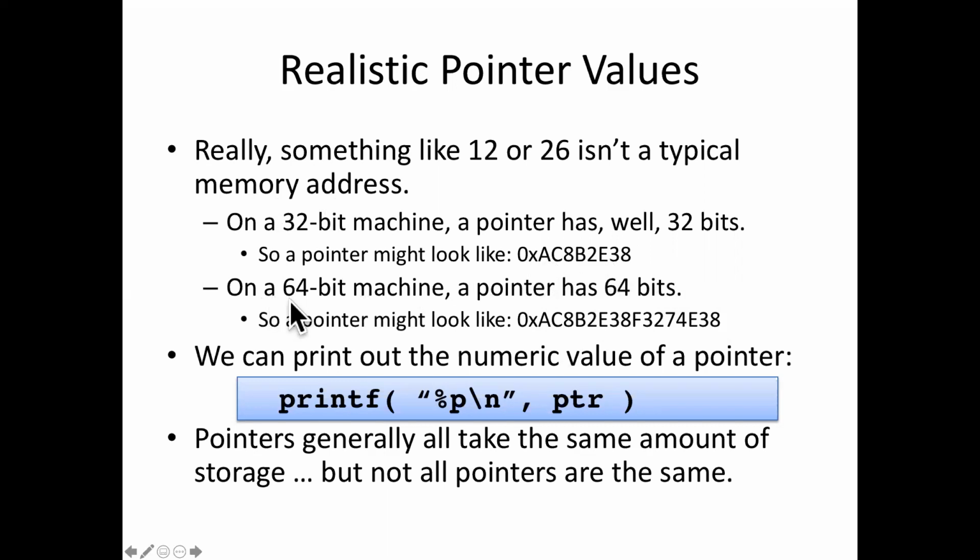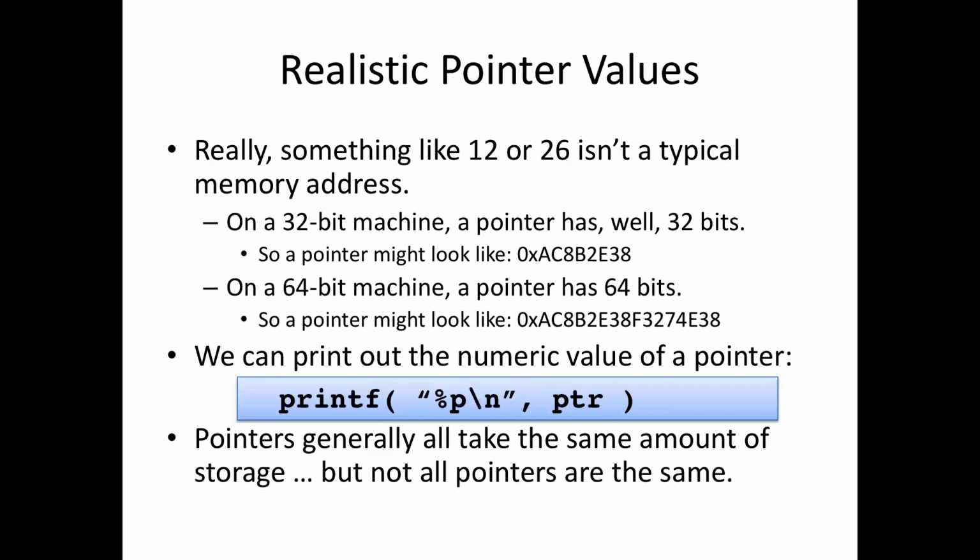On a 64-bit machine, a pointer is going to be 64 bits worth of hexadecimal. So realistic pointers have a big value in hexadecimal, not tiny little values like the 12 and 6, or 26 we've been using so far.